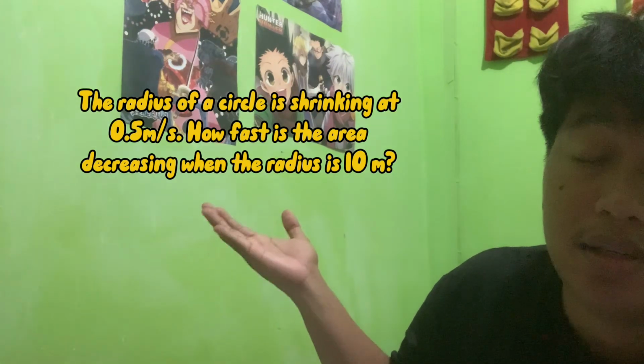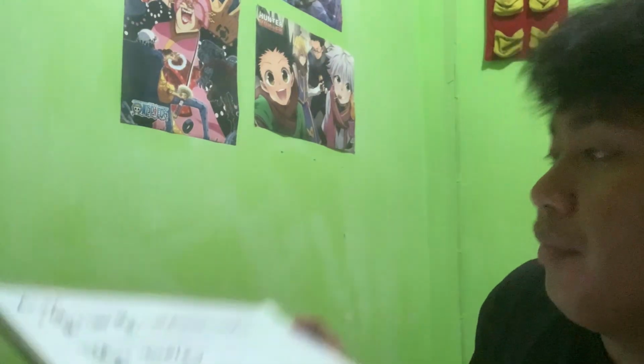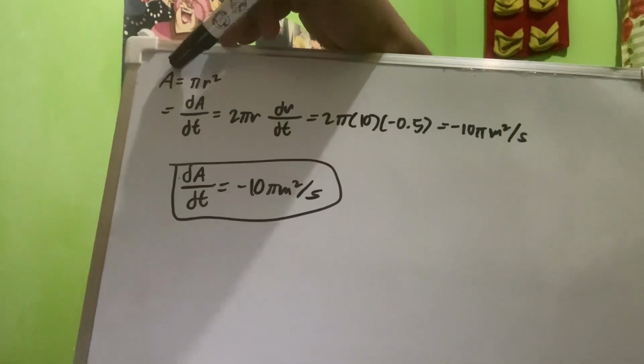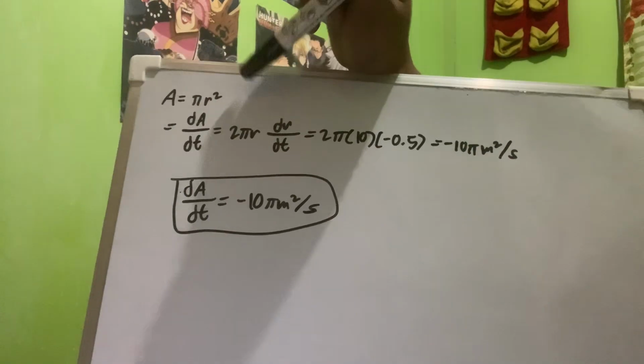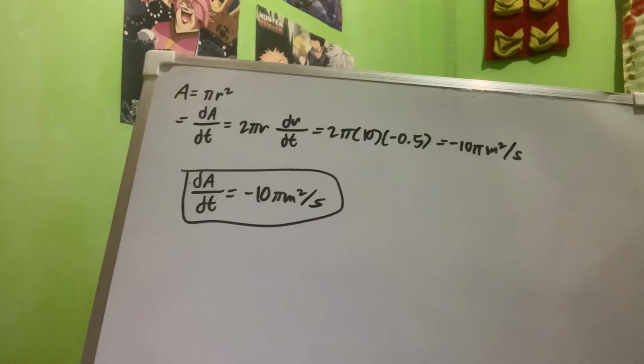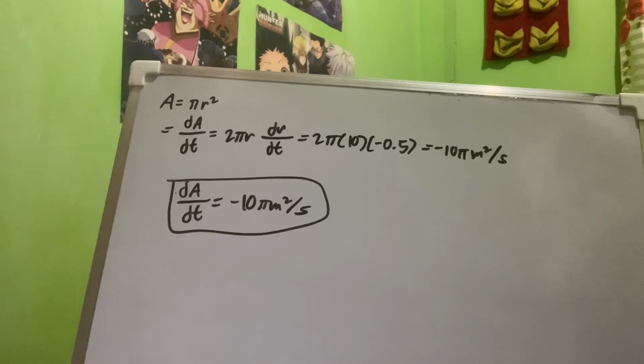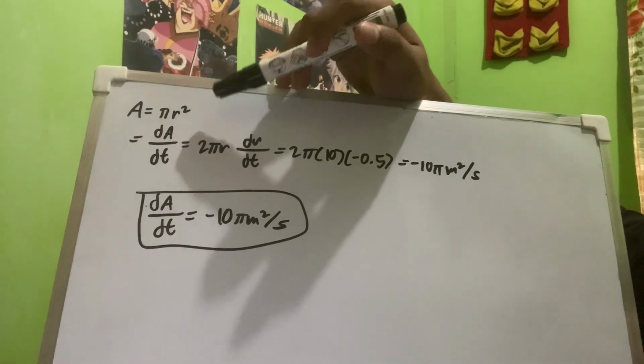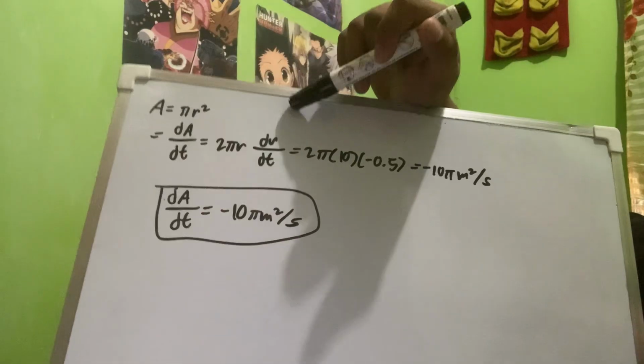Area of circle shrinking: area A equals pi r squared. So we differentiate: dA over dt is 2 pi r times dr over dt.